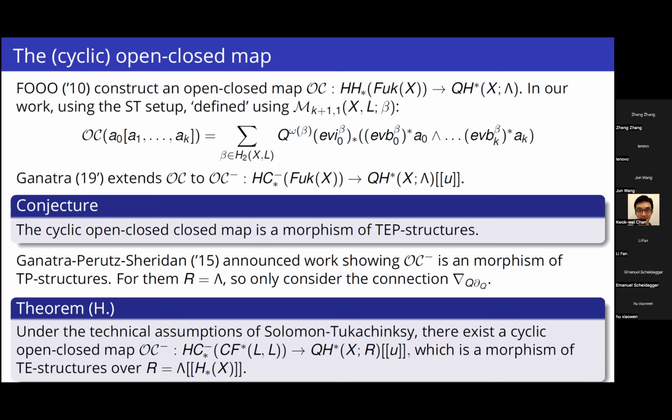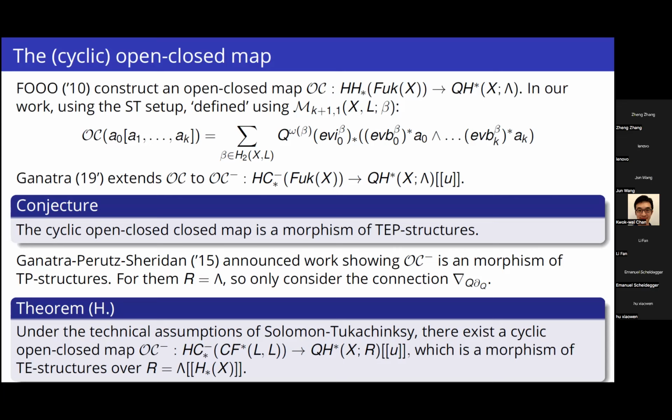Whereas what I prove is that I work in the technical setup of Solomon and Tukaczynski, which I will describe in a minute. And then I construct a local cyclic open-closed map. So this maps the negative cyclic homology of just the A-infinity algebra associated to a single Lagrangian to the quantum TEP structure.